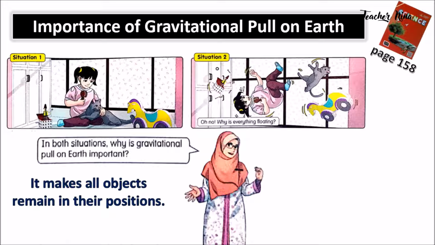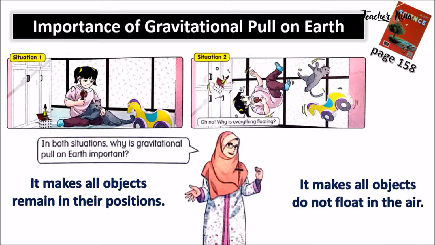So all objects remain in their position. And for the second situation, gravitational pull on Earth makes all objects not float in the air. So I really hope you'll remember these two important things about the importance of gravitational pull on Earth.